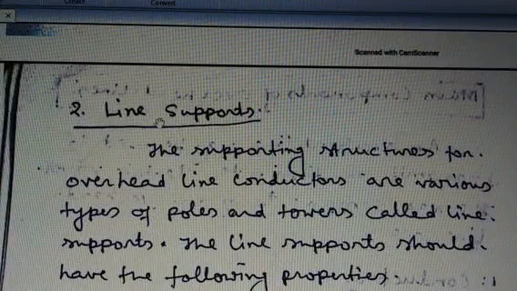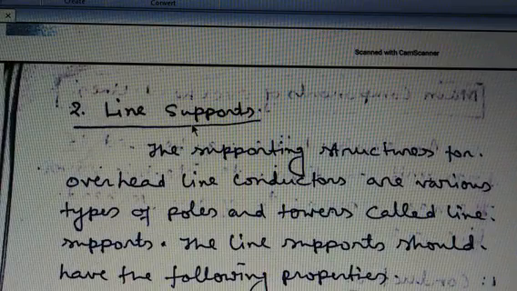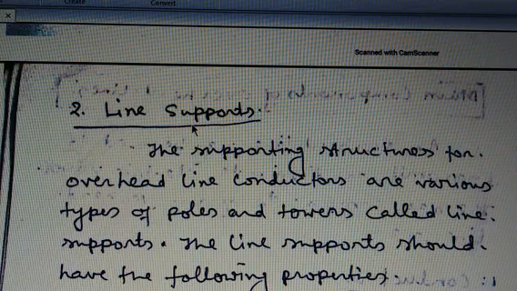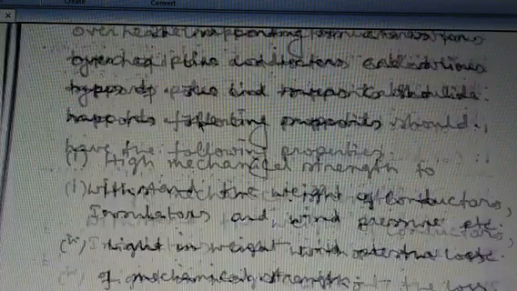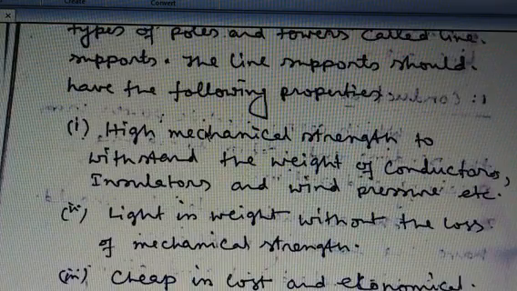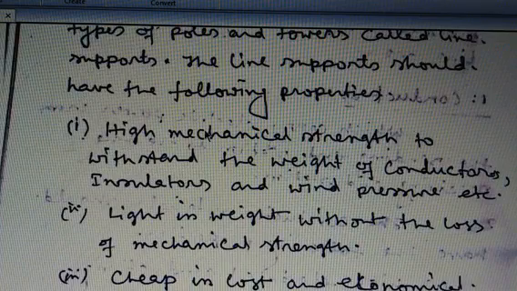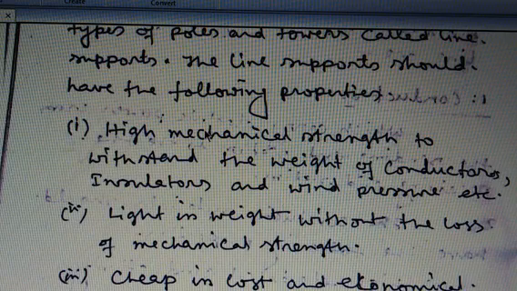Next material is the line support. The supporting structures for overhead line conductors, various types of poles and towers, are called line supports. In general, the line support should have the following properties. Number one, high mechanical strength to withstand the weight of the conductor and wind load, etc. Next point, light in weight without the loss of mechanical strength.